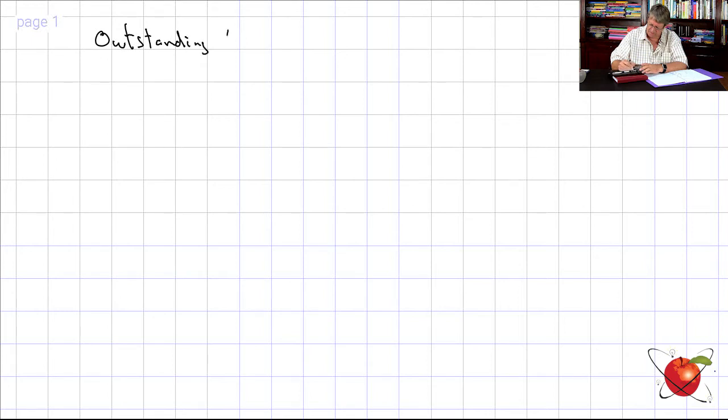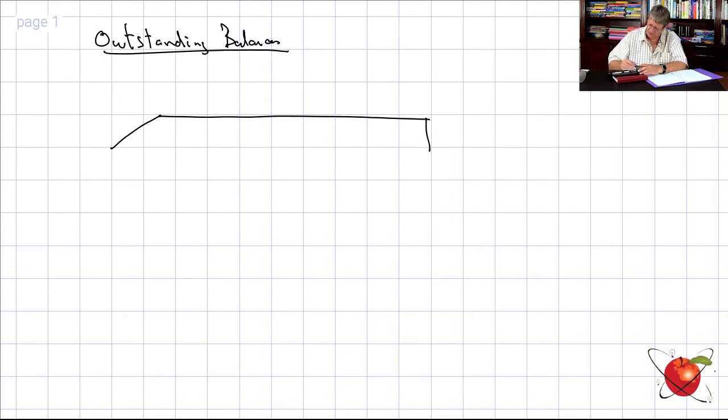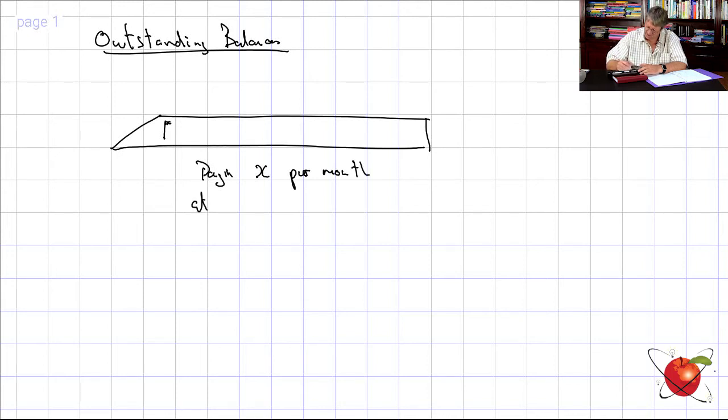Outstanding balances. Now, let us just look at a system. We have, let us say, a monthly repayment. So we are paying X per month at interest equal to whatever it is.